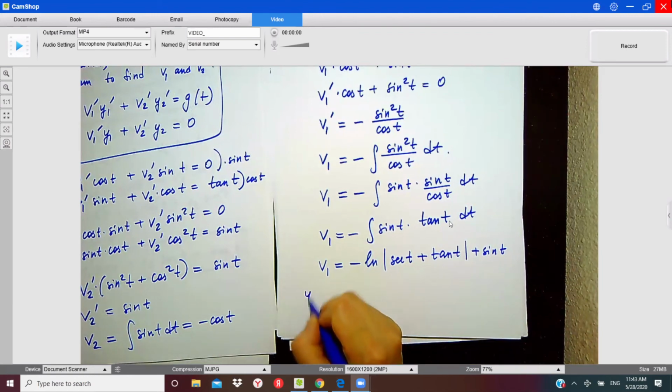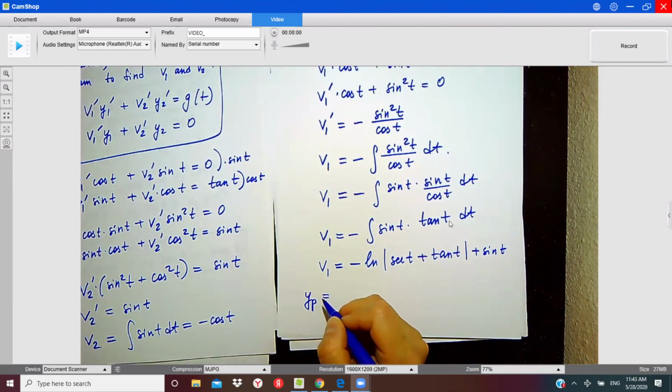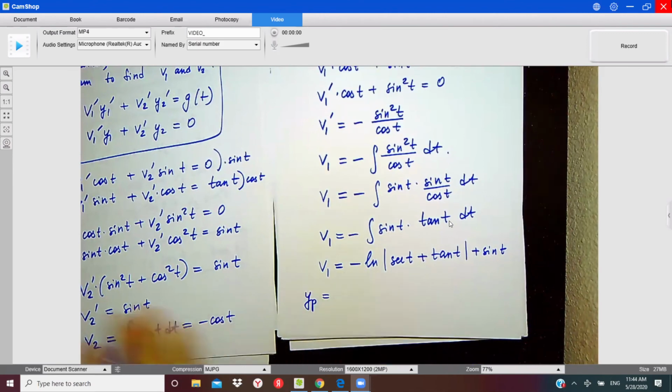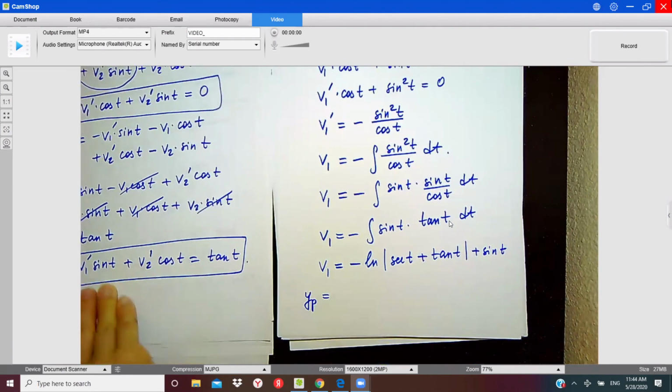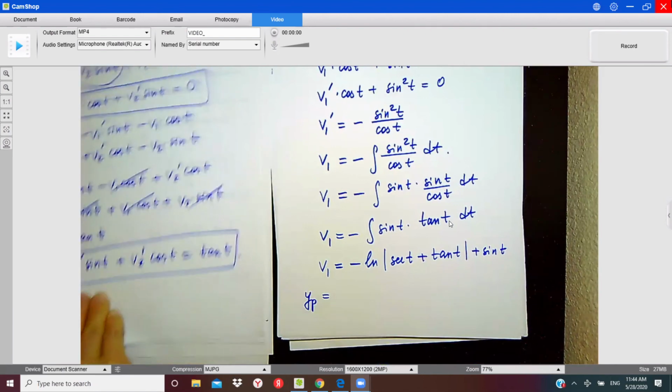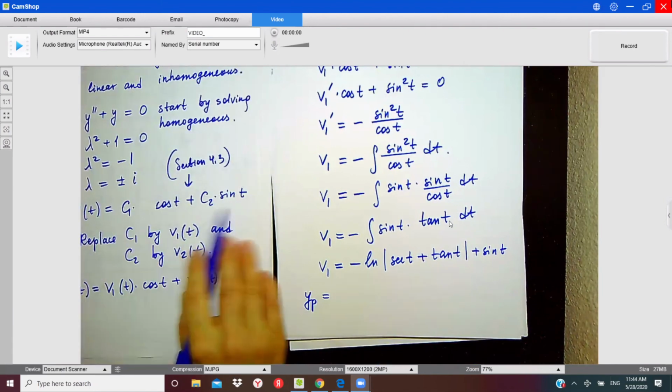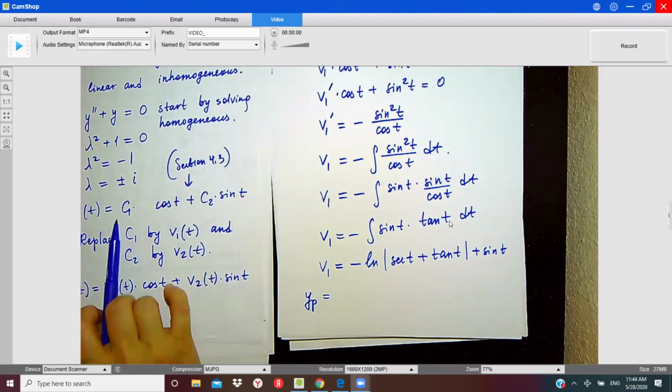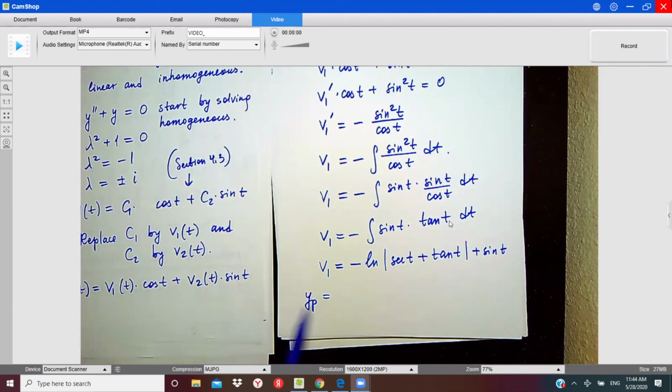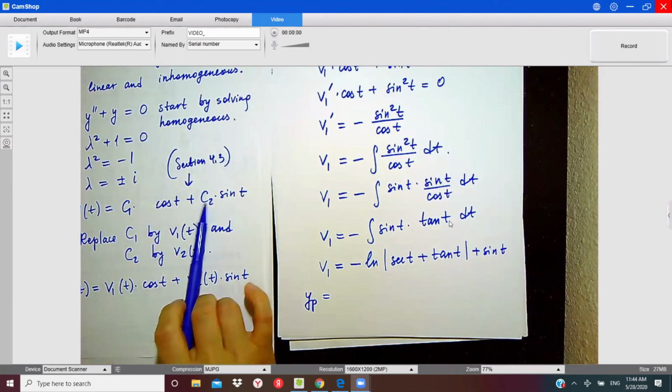So y particular, so we return back to the homogeneous. This is our general solution. So all you have to do is plug in v sub 1 instead of c sub 1 and v sub 2 instead of c sub 2.